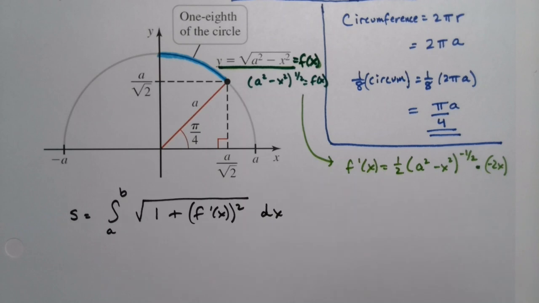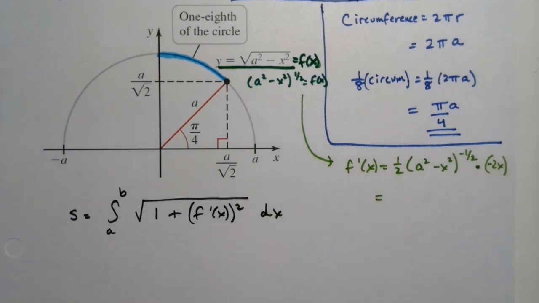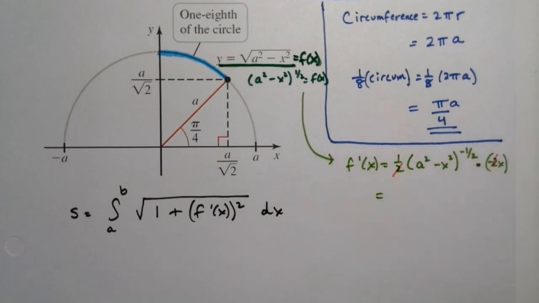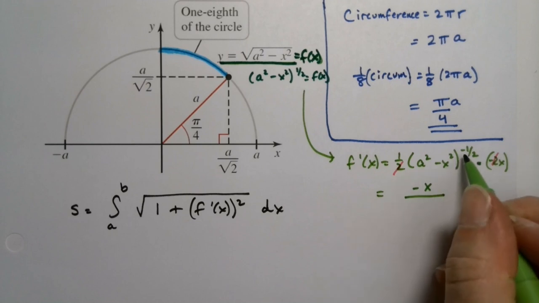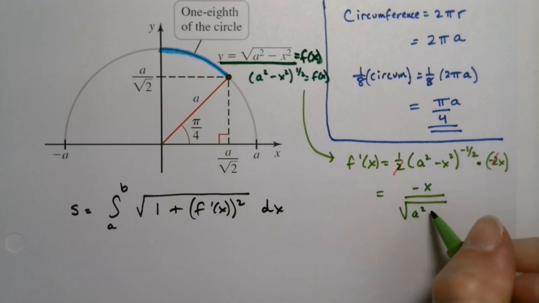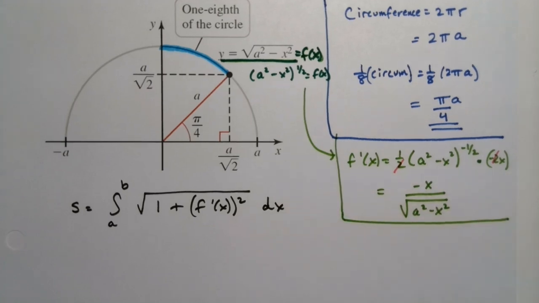The 2's will divide away, so it leaves you negative x over the square root of a squared minus x squared. Keep that piece in mind, because we're going to need it.